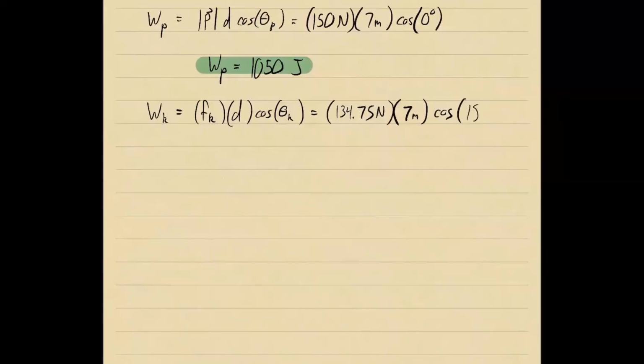So cosine of 180 degrees, right, this thing right here, is equal to -1. So the work done by our kinetic frictional force in moving the box forward is minus 943.25 joules.